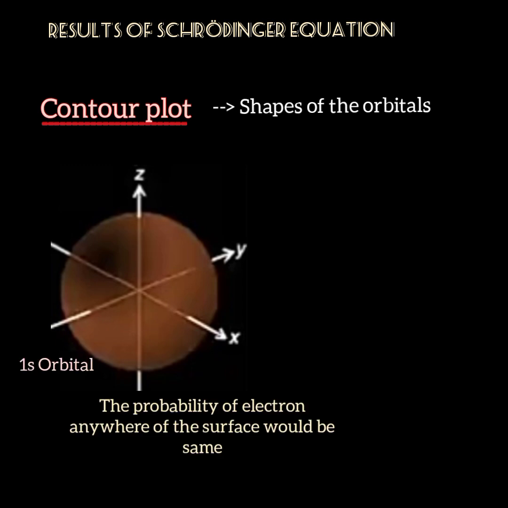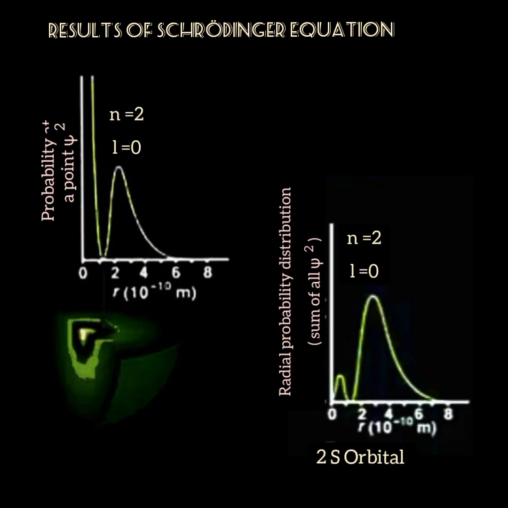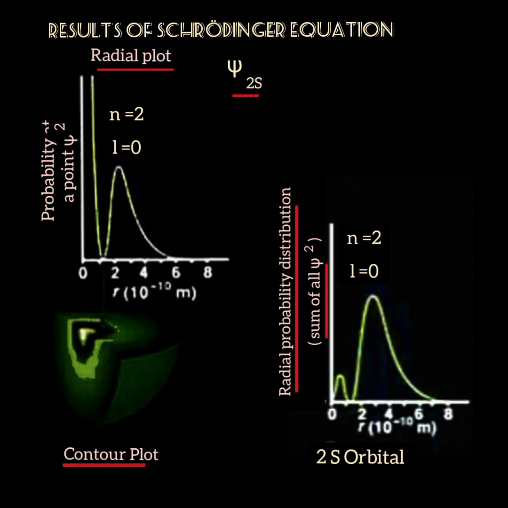This is the 1s orbital. The nucleus is at the middle. Further and further away, the probability falls down. Next, we can see the psi 2s wave function. For the psi 2s wave function, here we have 3 types of plot. The first one is the radial plot, then another one is the contour plot, and the next one is the radial probability distribution plot.